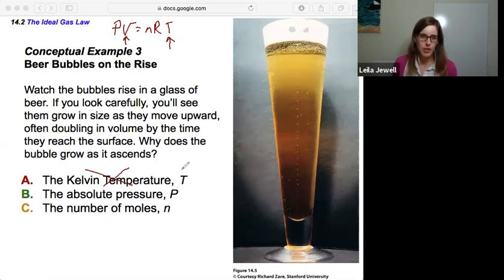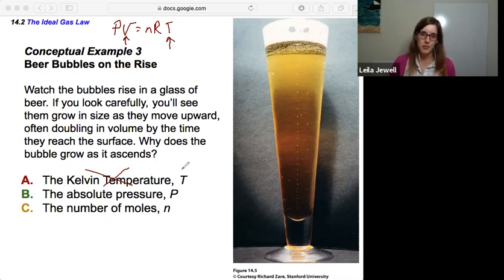What about the pressure? Well, it's true that the pressure is greater near the bottom. We saw that as you go deeper in a static fluid, it's a higher pressure, so as you rise, there's going to be less pressure. But is that change in pressure going to give you a factor of 2 for the volume?